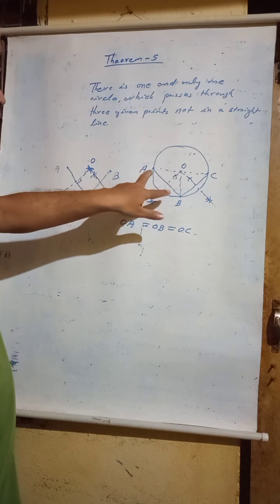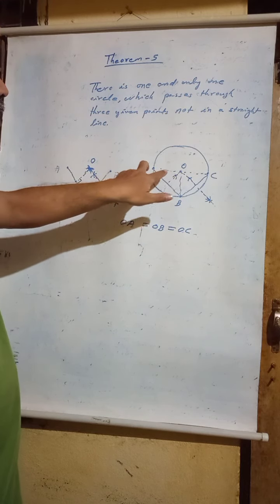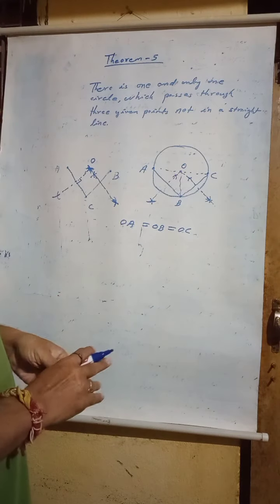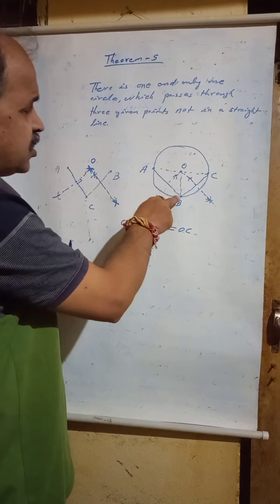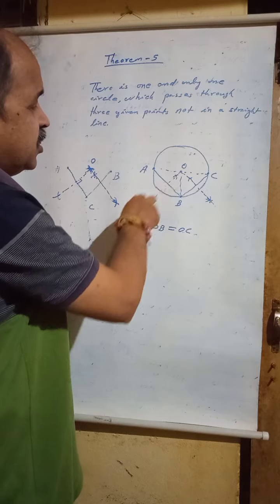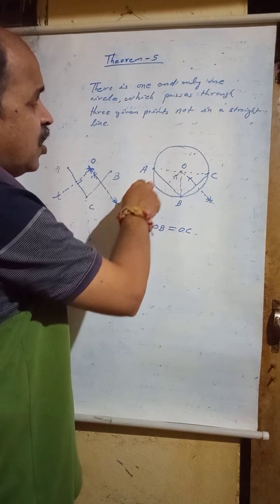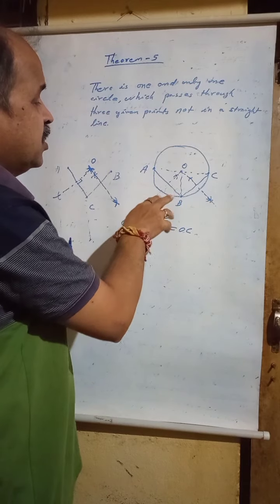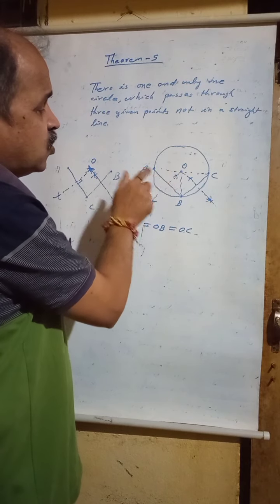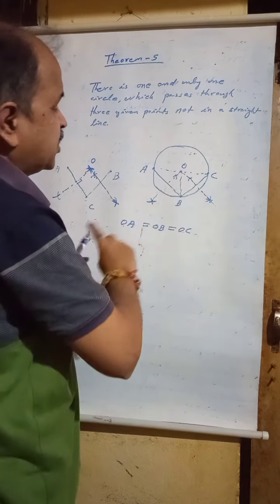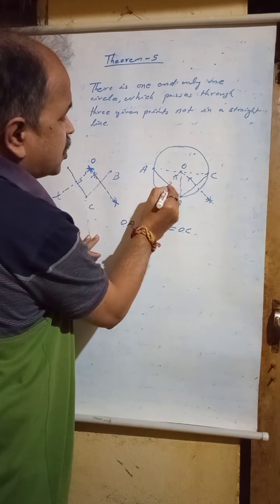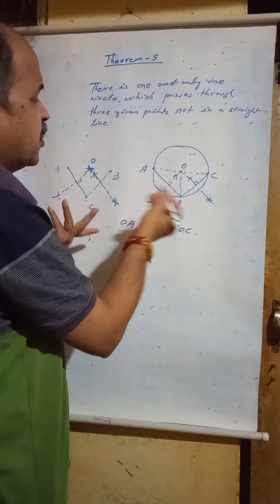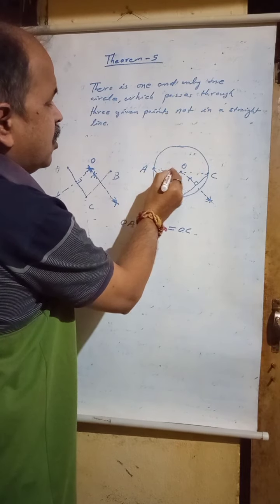That means these three points, you can alternatively prove it also. Because the perpendicular bisector bisects the chord in a straight line. Already in the previous theorem you have learned that it will bisect equally into two half parts and it is perpendicular. So from congruent triangles you can find all this.